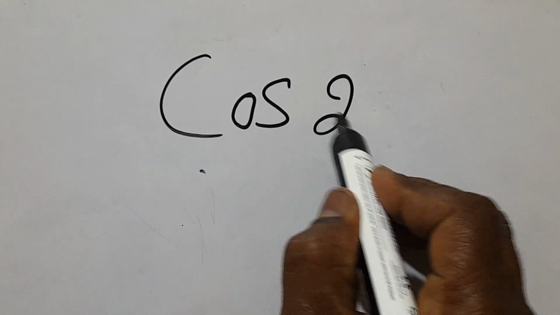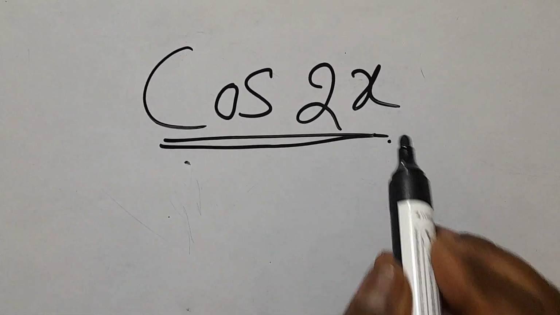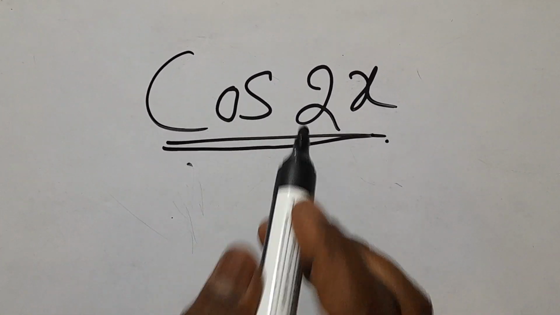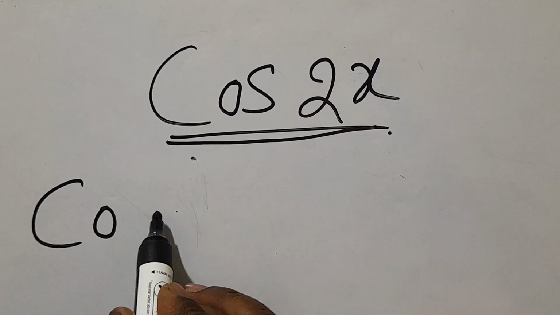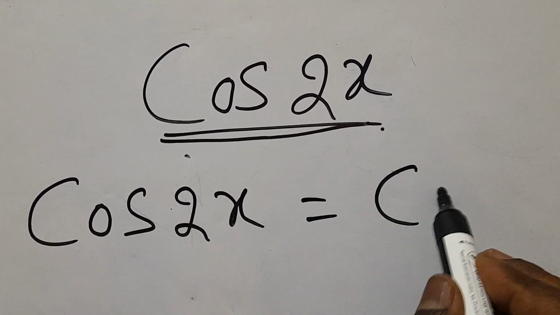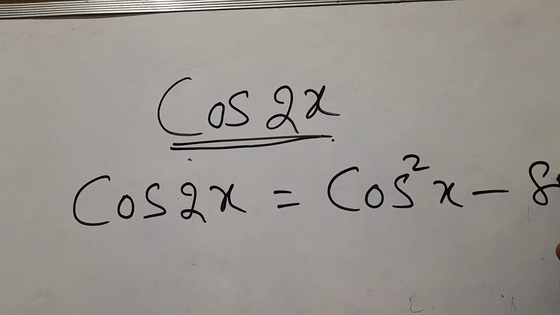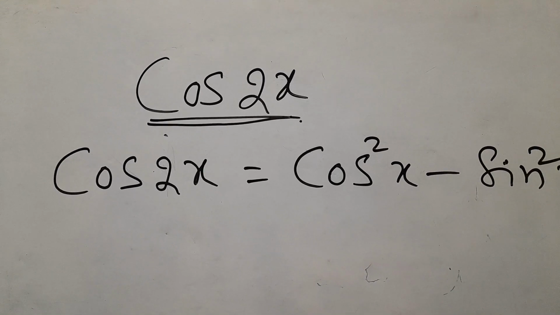First let me write all the formulas linked with cos2x. Basically, cos2x is equal to cos square x minus sin square x.